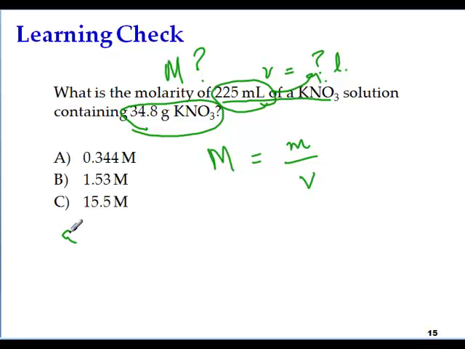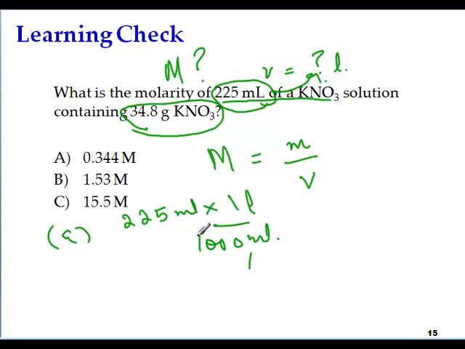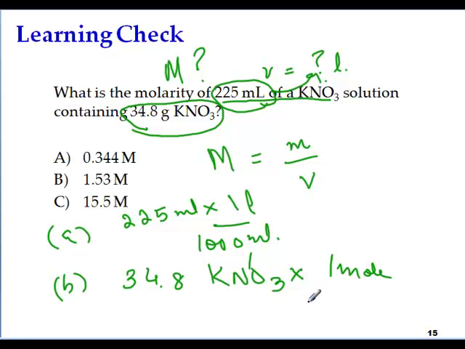So for part A, I will take 225 mL and convert that into liters. And for part B, I have to take 34.8 grams of KNO3 and convert that into moles. So 1 mole equals how many grams? For potassium, you need to find the atomic weight of potassium, and find the one for nitrogen.